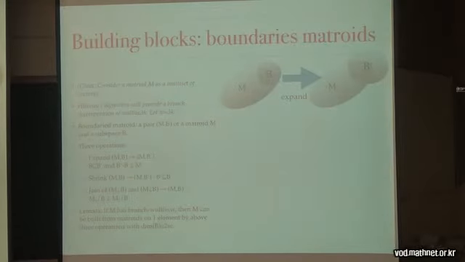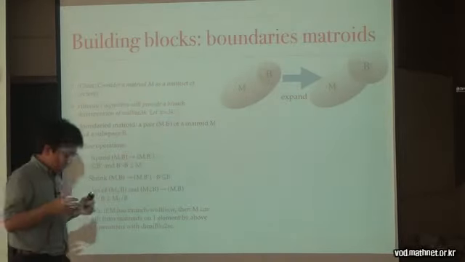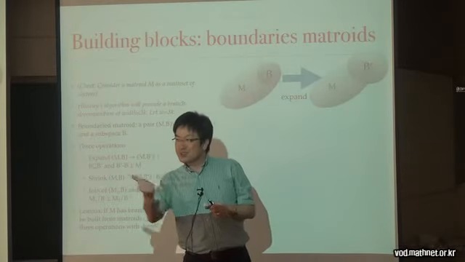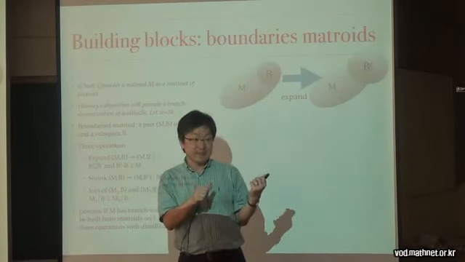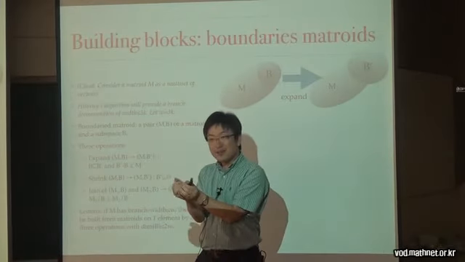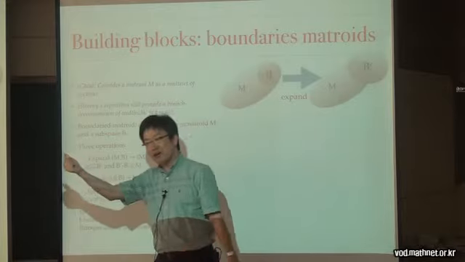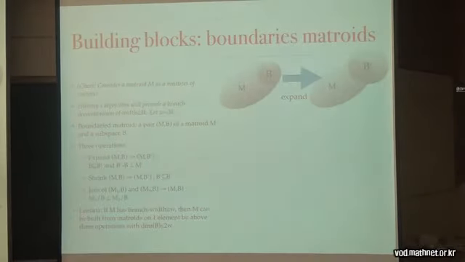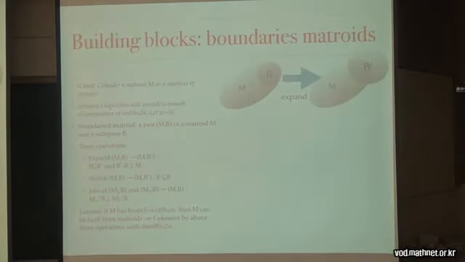So you can think of it as extending B in a direction that is orthogonal to all of the existing vectors. That's the expanding operation, which will increase the boundary.